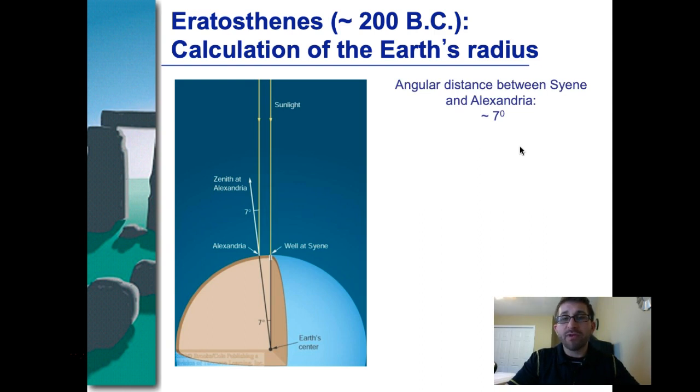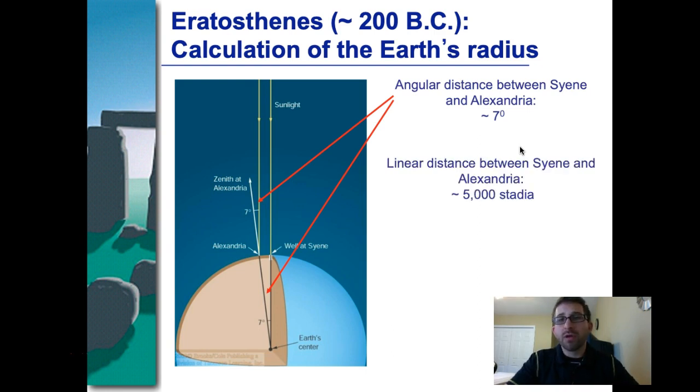The basic premise is he was able to calculate the Earth's circumference, and therefore the Earth's radius as well, by understanding the angular distance between two locations, and those locations were Syene and Alexandria. And he found that that was a 7-degree slice of the Earth. He knew the distance between these two places, and through simple multiplication and the knowledge of 360 degrees in one circle, he was able to take a ratio and determine the circumference of the Earth.